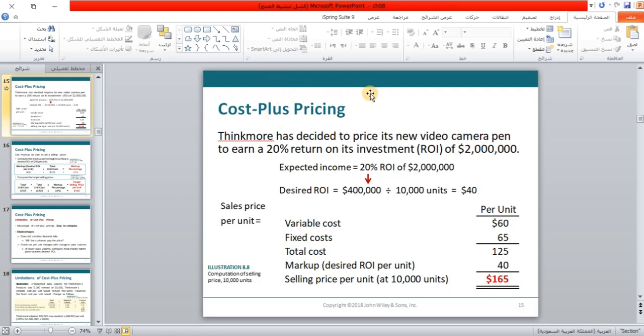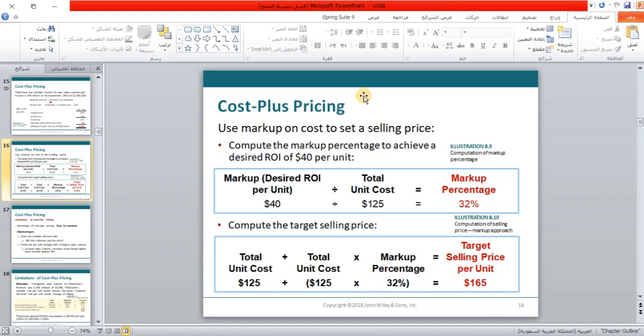Cost plus pricing: we determine the variable cost 60, the fixed cost per unit 65, total cost 125. We add the markup per unit to realize 20% return on investments, $40. Selling price will be $165.